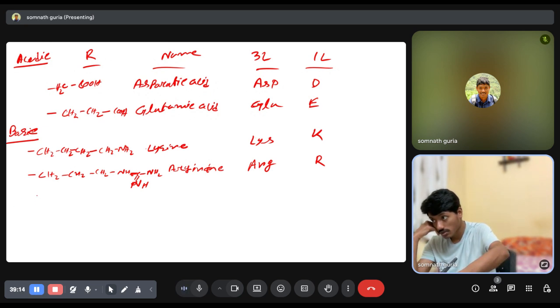We have some others also. Another one has an imidazole unit over here. One is CH2, where the R group is an imidazole inside this amino acid. This is the NH.